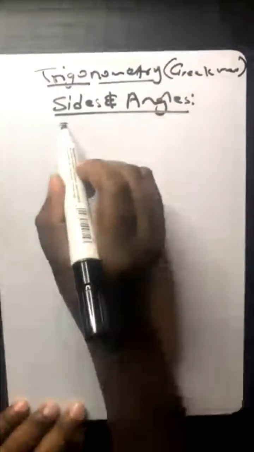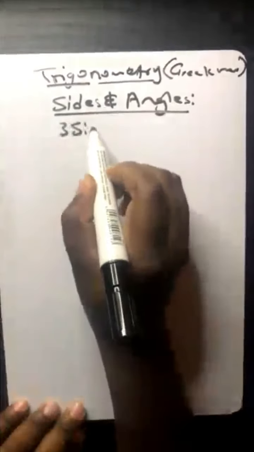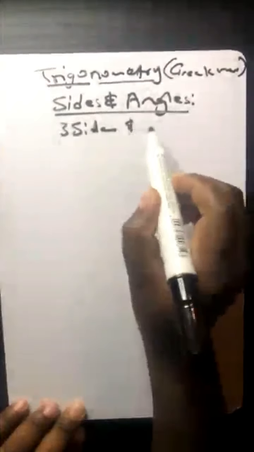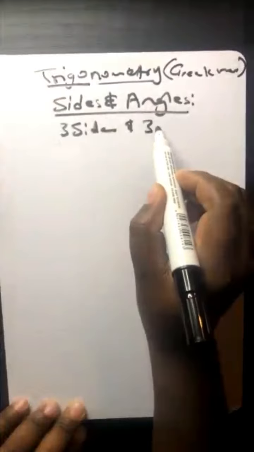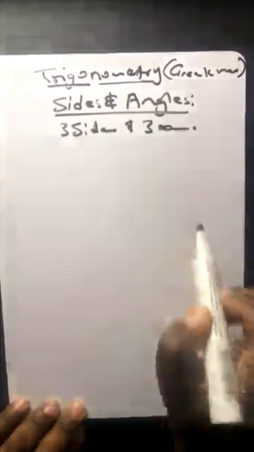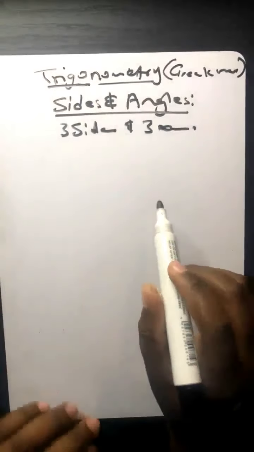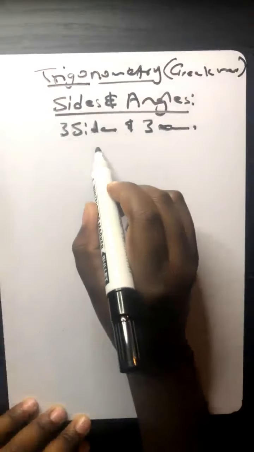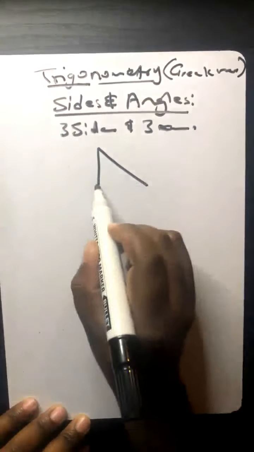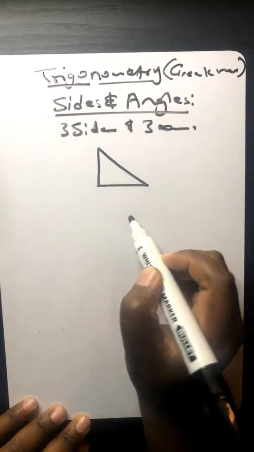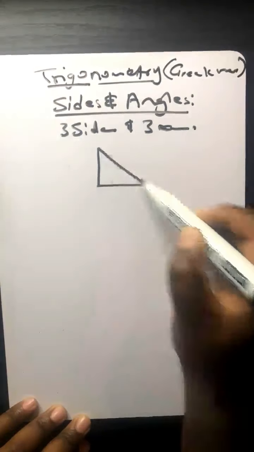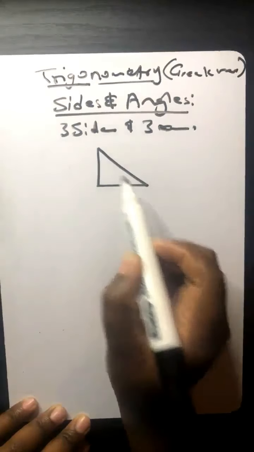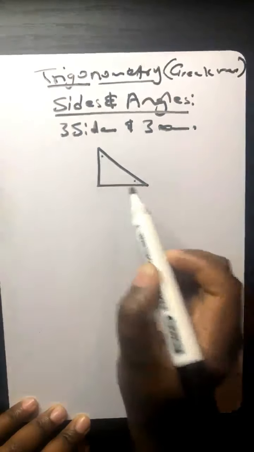We are studying three sides and three angles. Why three sides and three angles? Because in trigonometry, we focus on a right-angled triangle. So we have one side, two sides, three sides, and angle 1, angle 2, angle 3.